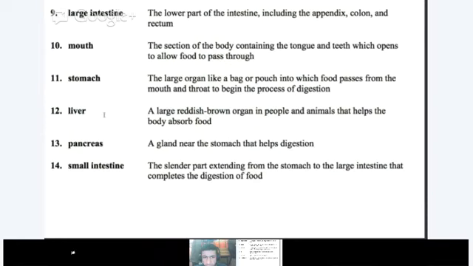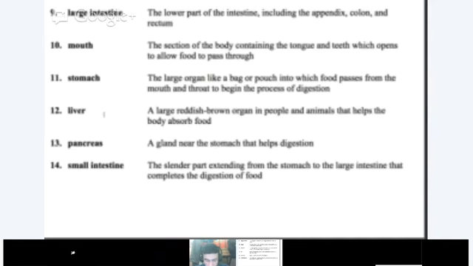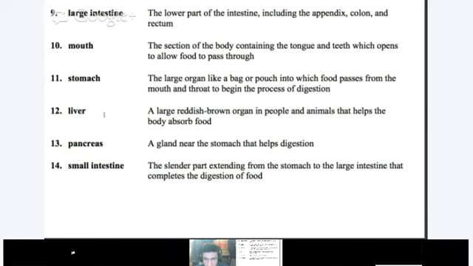Can somebody tell me something interesting about the liver that they know? It's a very unique organ. It's the only organ in our body that can grow back. Yeah, the liver can grow back. So if you remove a part of your liver, for example, if you wanted to donate part of your liver to somebody who had liver failure or liver damage, the liver would grow in that person's body, because the liver is made up of a special kind of stem cell, and it's able to regenerate.